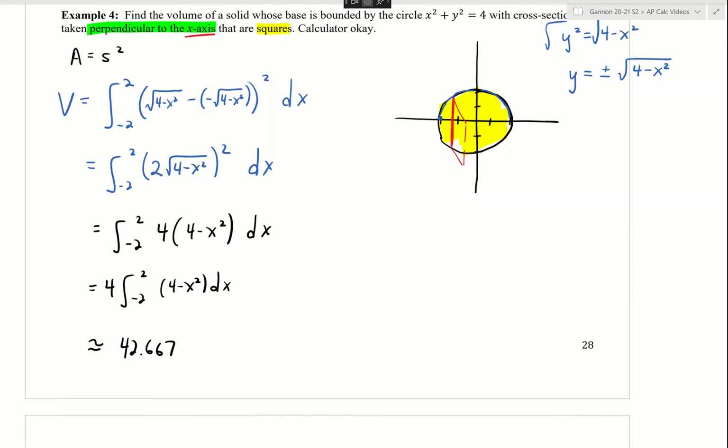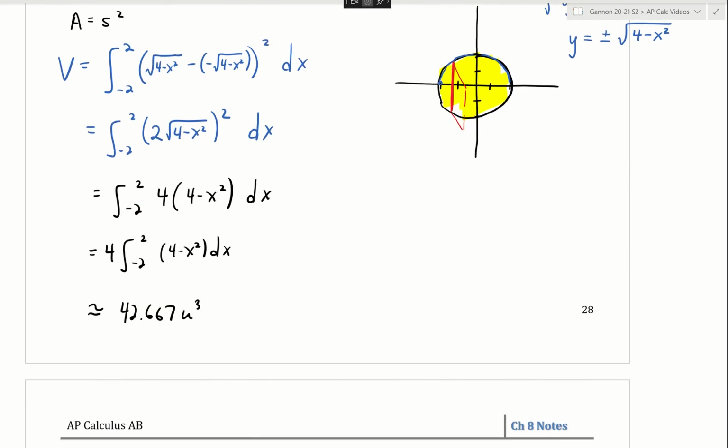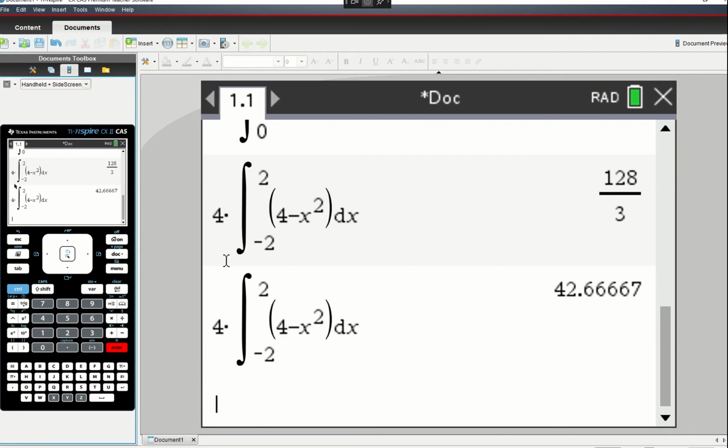It did not give us any units, so we're going to go ahead and go with units cubed as our volume. Now, what I'm going to do, guys, is just show you that you should get the exact same answer if we were to plug this integral into the calculator as well. So let's just do that real quick.